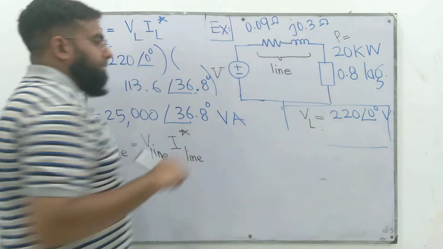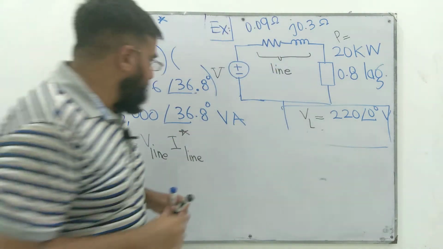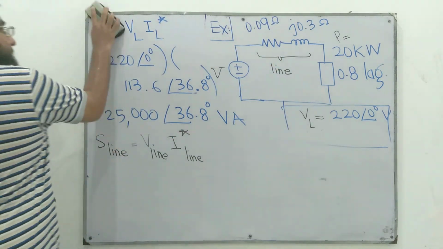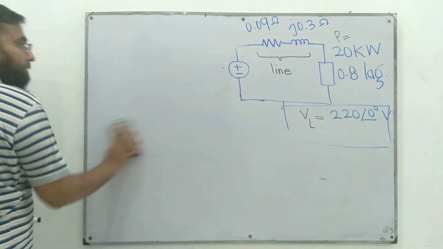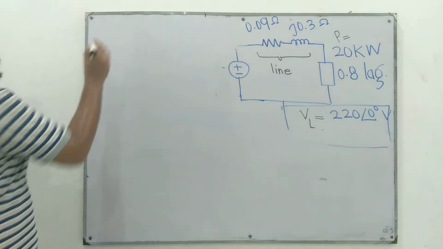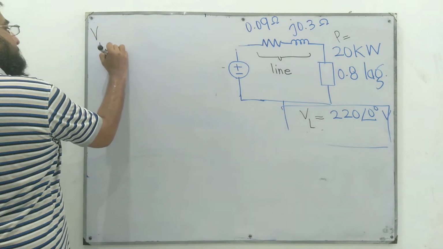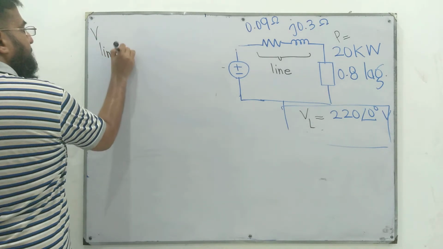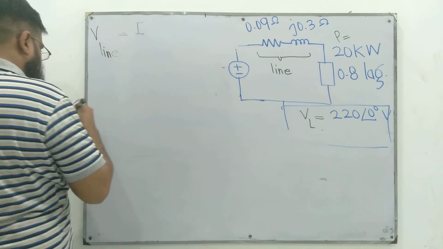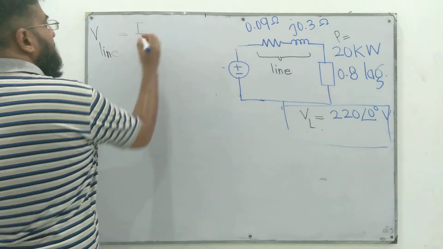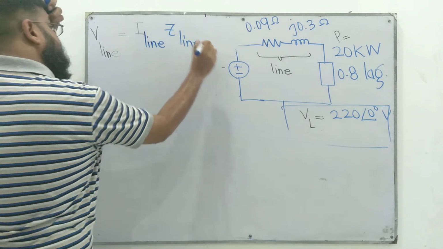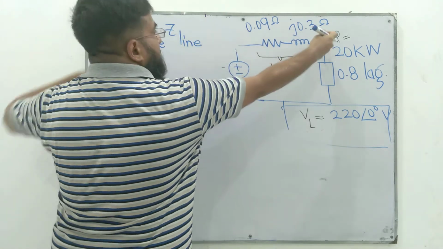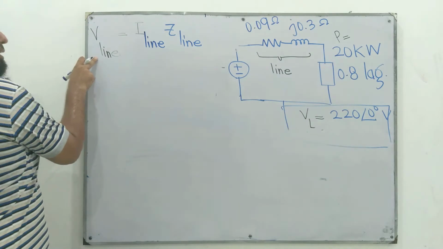According to Ohm's law, V in the line would be I line times Z line. The current flowing through it times its impedance gives us the voltage across it.